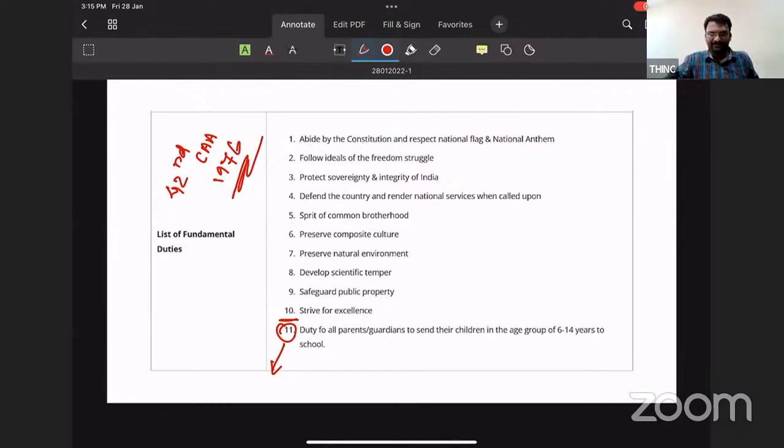From the statement itself, you can understand which constitutional amendment it is: the 86th, the Right to Education Amendment. The other 10 were there from 1976 onwards.